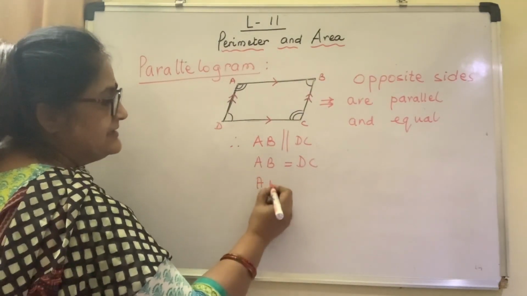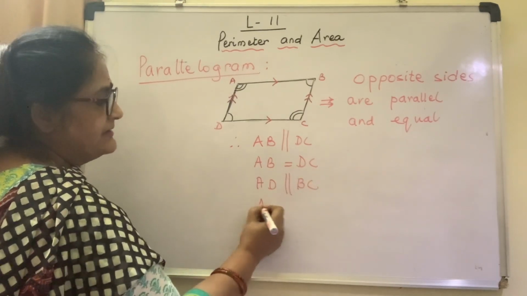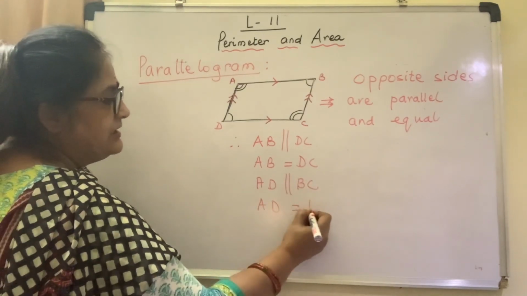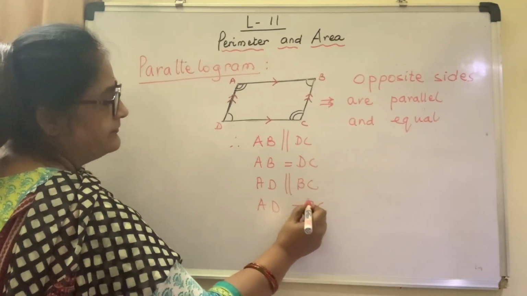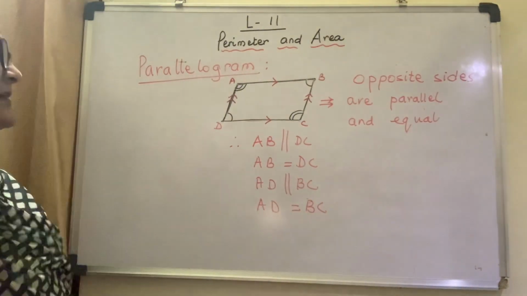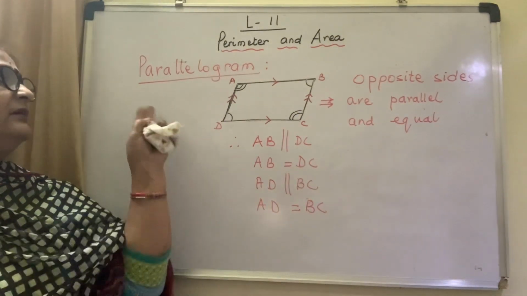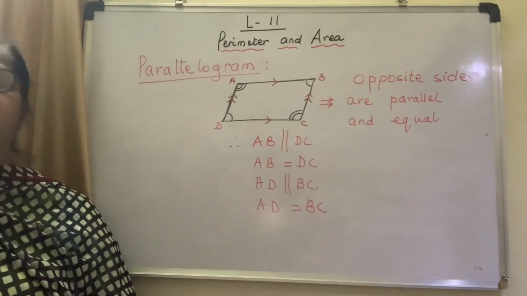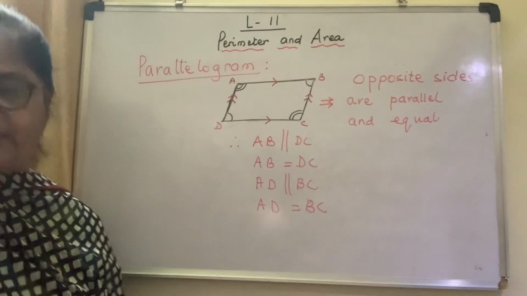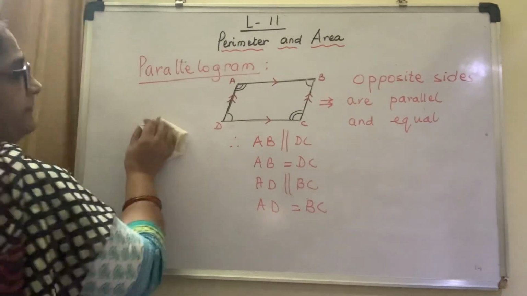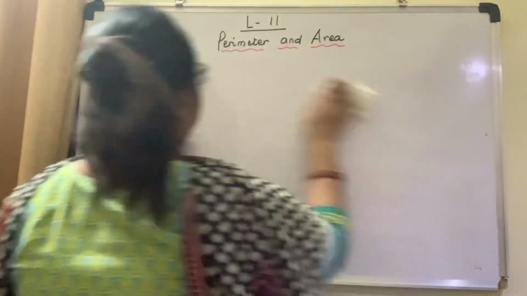So, AD is parallel to BC and AD is also equal to BC. So this figure ABCD is known as a parallelogram. Right.